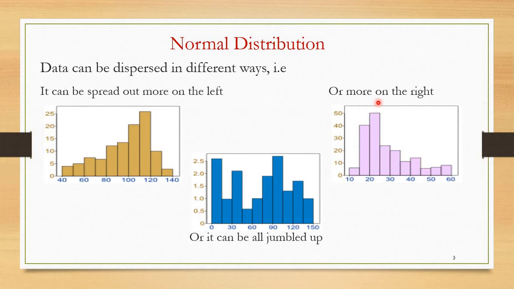So this one is called positively skewed data and this one is called negatively skewed data. And in this case it can be all jumped up. So this is the random behavior of the data. You can't say that it is positively skewed or negatively skewed.